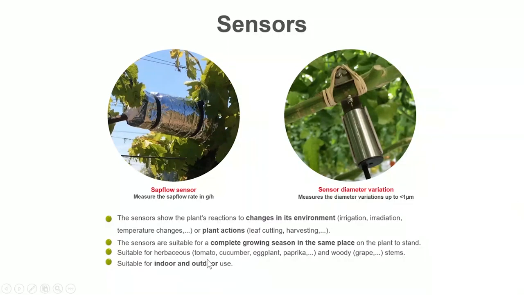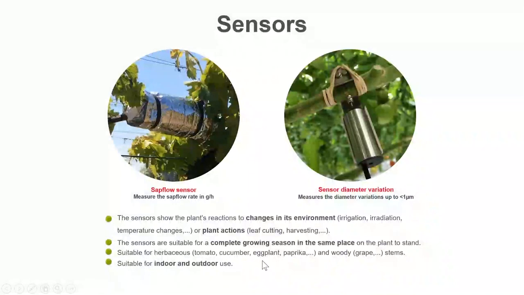These sensors are suitable for herbaceous plants such as tomato, cucumber, eggplant, and bell peppers, but also woody plants such as grapes. Blueberry and kiwi berry are things that we've measured before, and they are really suitable for it. And we see very good variations, even in woody plants, which was not something that we expected at first. Then they are both suitable for indoor and outdoor use.